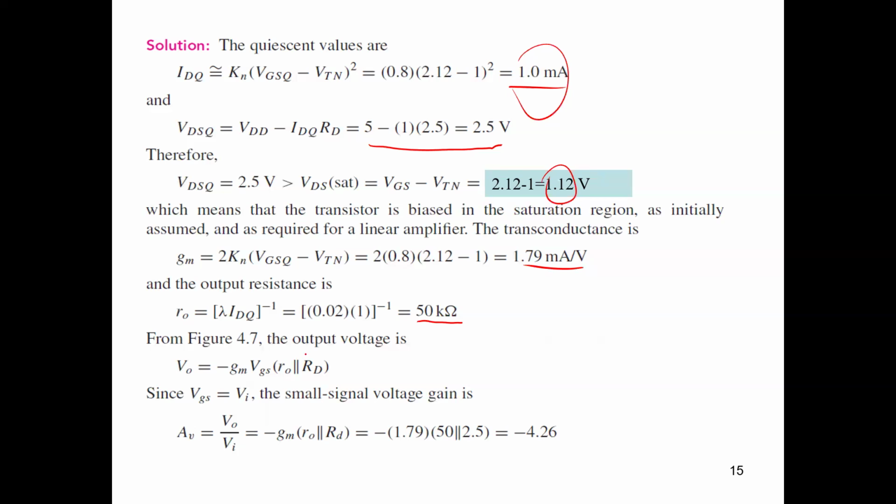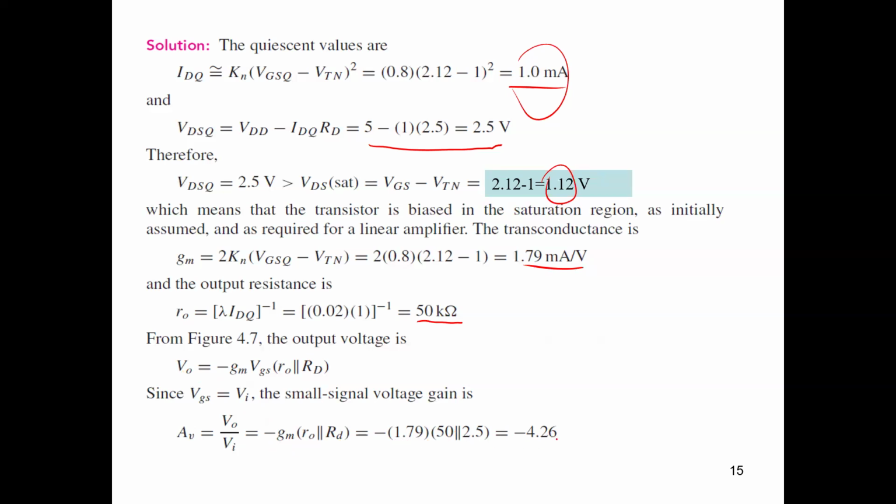Then substitute in the relation. Here he just wrote the relation and substituted as we mentioned: minus gm times R out parallel RD. So gm is 1.79, R out is 50 kilo ohm, and RD is given as 2.5 kilo ohm.